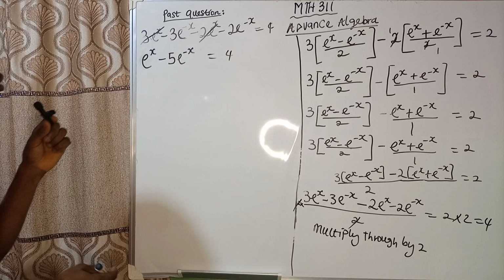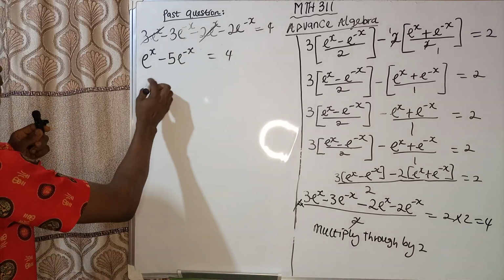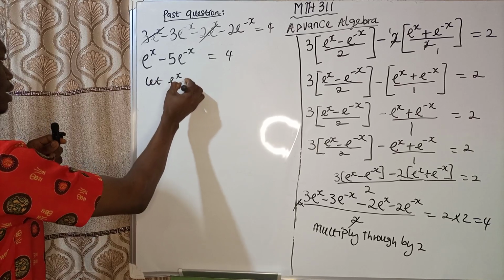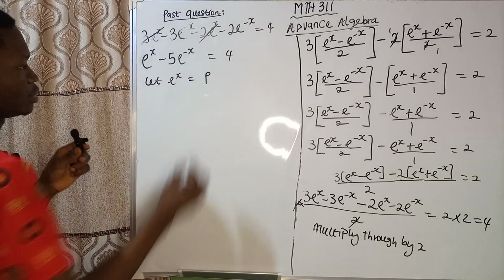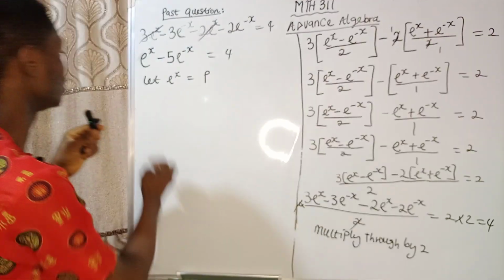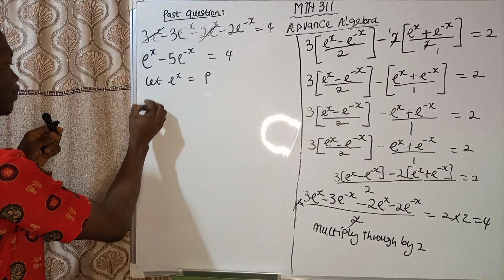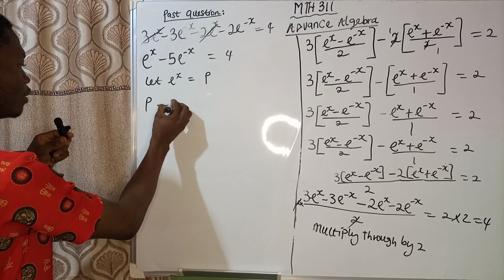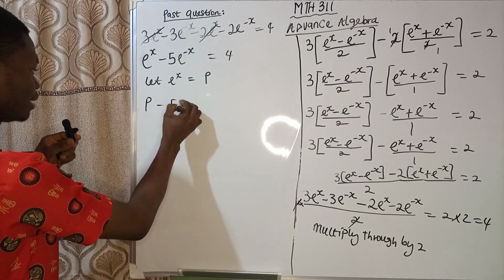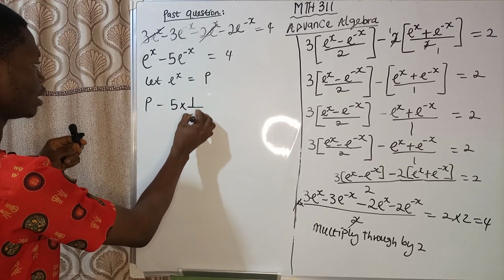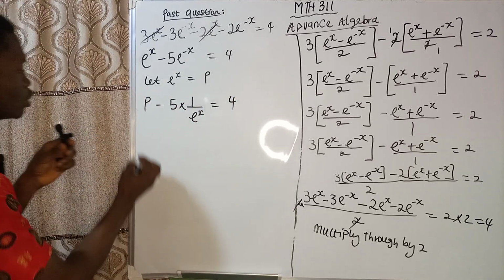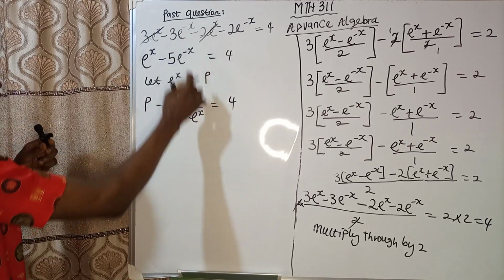So we can say, let e^x equal p. Any variable you want to represent it with, you can use. So we are going to have p minus 5 times 1 over e^x is equal to 4.